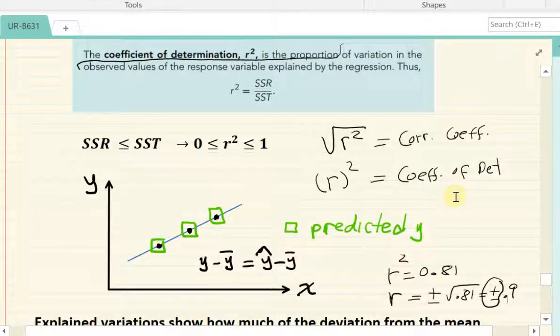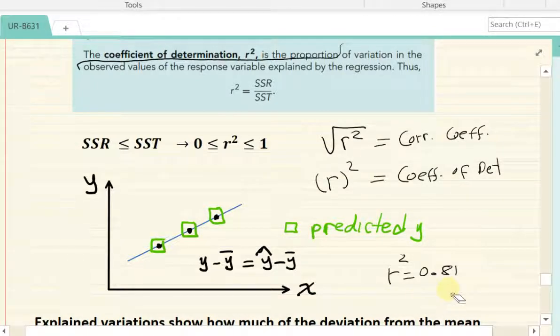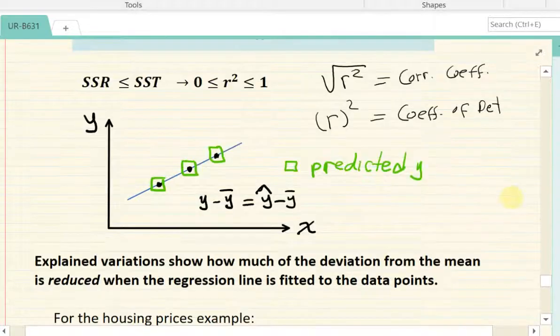The sign on R is exactly the same as the sign on the slope. So if the slope is positive, you choose positive 0.9. If the slope is negative, you choose negative 0.9. So again, it's the slope of the regression line which determines whether the correlation is positive or negative. Okay, let's continue on.